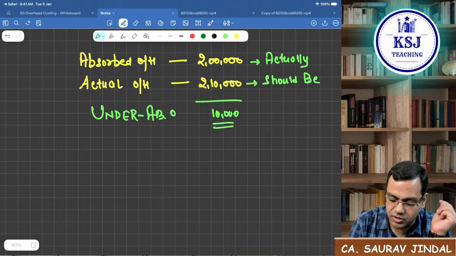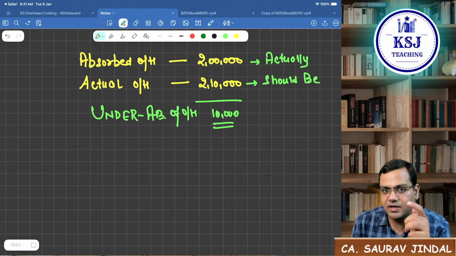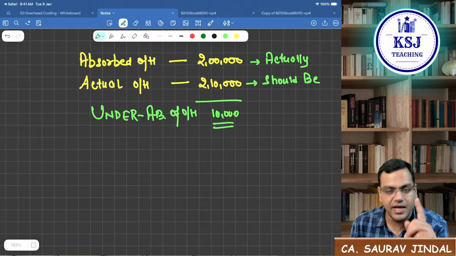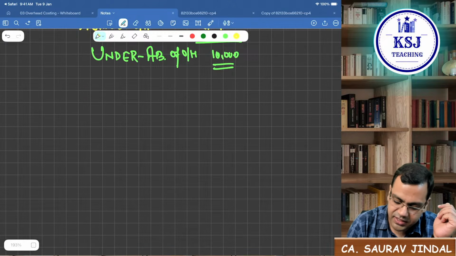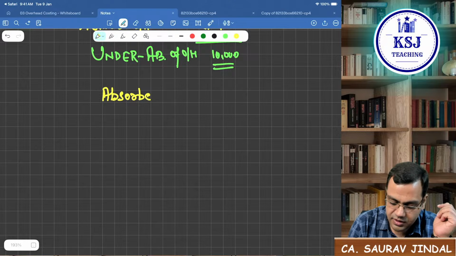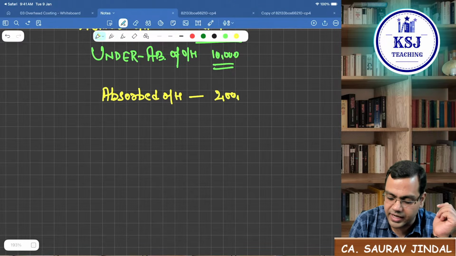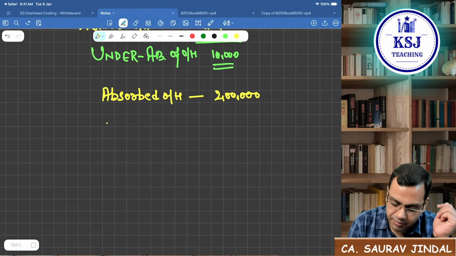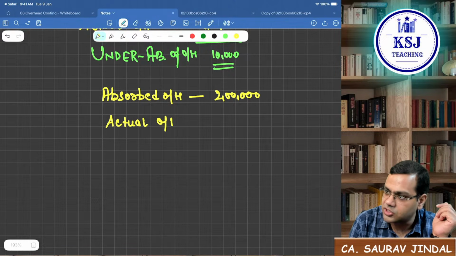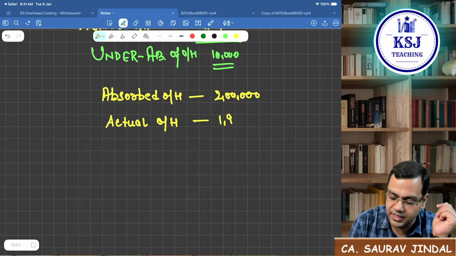Under absorption of overheads. Sir, can there be a reverse case? Yes, there can be a reverse case. The reverse case is that your absorbed overheads are 2 lakh as calculated above, but your actual overheads are 1,90,000.